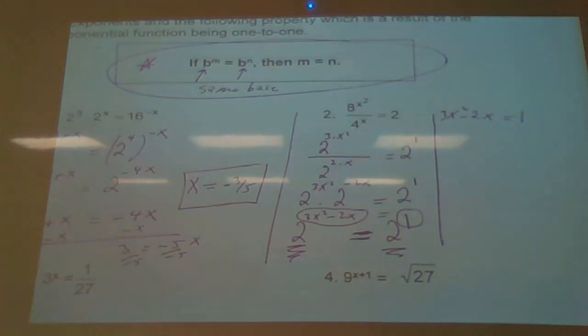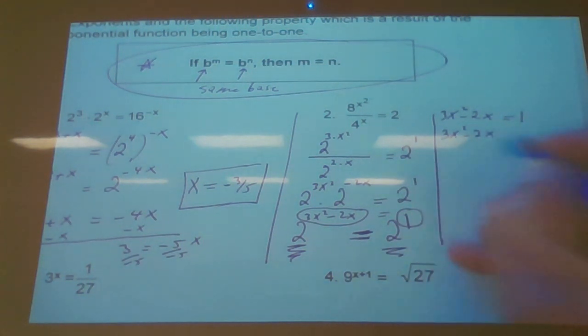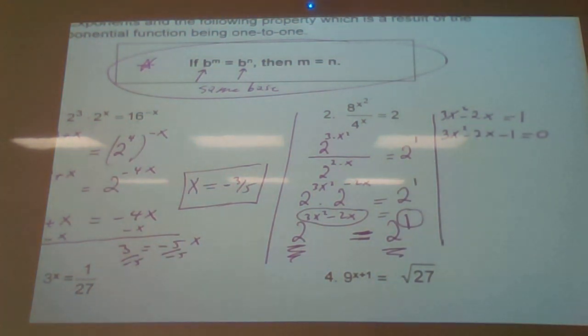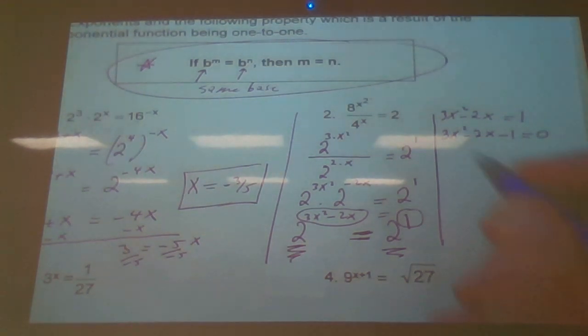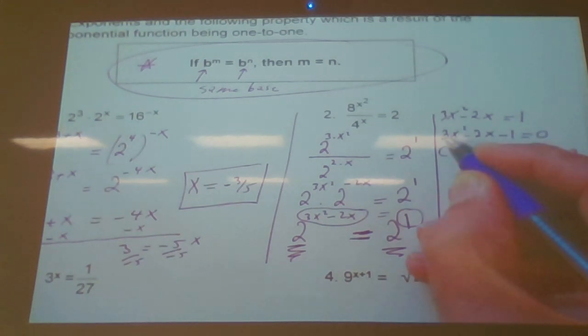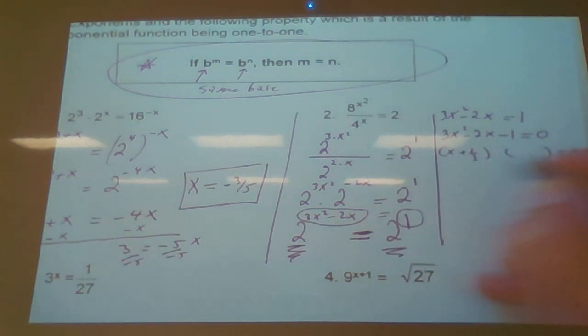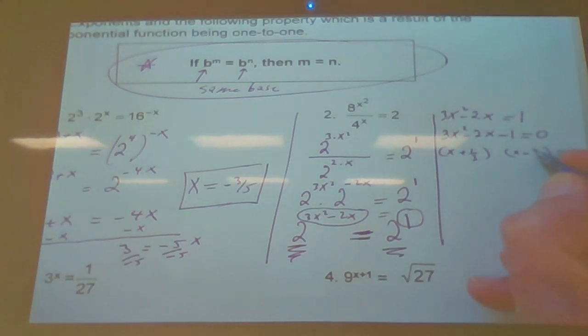So you notice we ended up with a quadratic equation, 3x squared minus 2x minus 1 equal to 0. So we're going to go ahead and factor it. The coefficient here is not a 1, so you're going to end up with the x plus 1 over 3 and x minus 3 over 3.